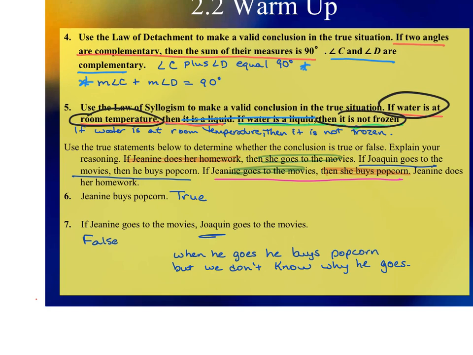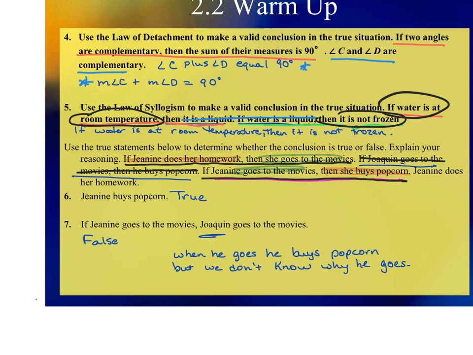Okay. So for this one, Jeannie buys popcorn. Now, just to show you, we have a bunch of different sentences here. Right now, we're only talking about Jeannie. So let's get rid of the Joaquin stuff. Now I have this statement here. If Jeannie does her homework, then she goes to the movies. Then it starts talking about Jeannie down here. If Jeannie goes to the movies, then she buys popcorn.